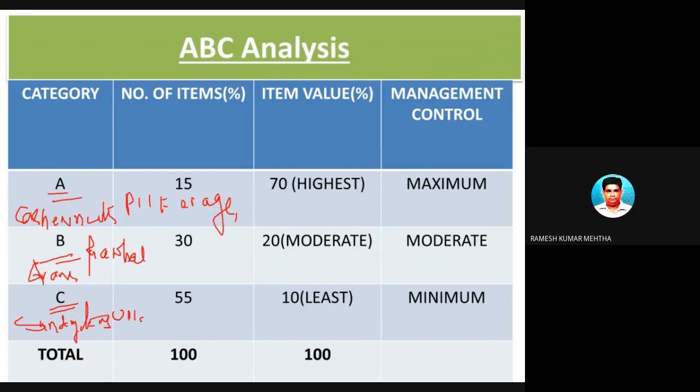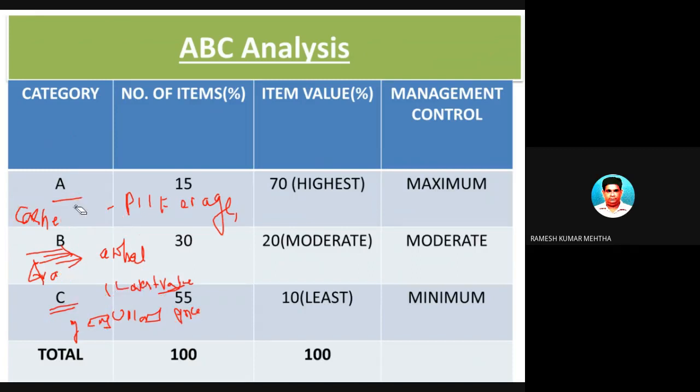What I did, I classified the categories of the inventory into three parts. One is very costly, second is moderately costly, and third is the lowest value, lowest price. So this is very important.